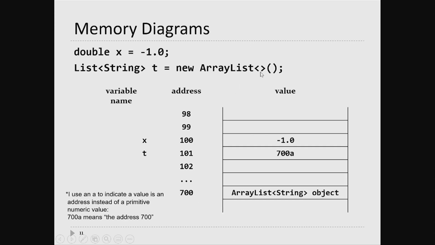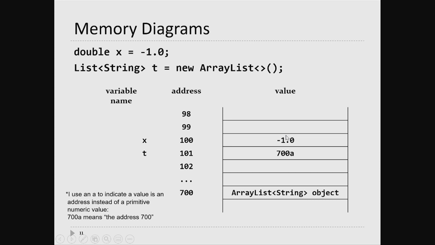So for example, here I've got 2 lines of code. The first line has a primitive value called x. The second line defines a reference type called t. So what's in memory? Well, when you make the double variable x, you get a variable called x somewhere in memory. You can put it anywhere that's unoccupied, so it doesn't have to be on line 100.